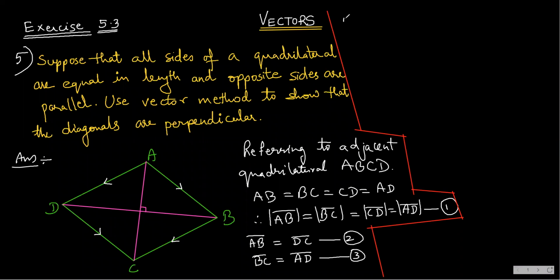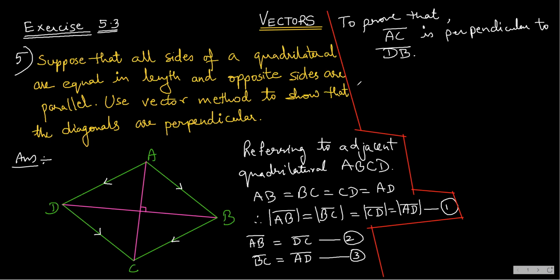Further, I write that to prove that AC bar is perpendicular to DB bar, that is to prove that AC bar dot DB bar is equal to 0.